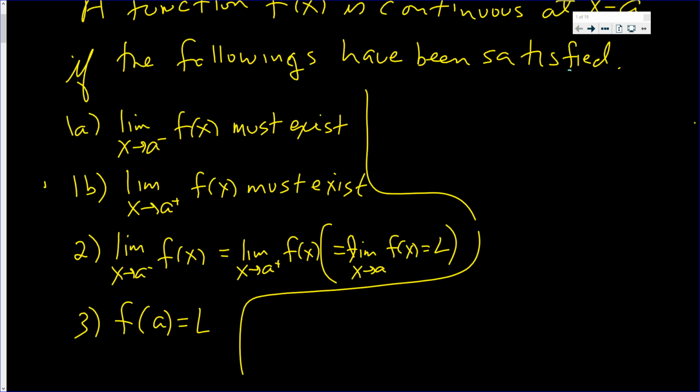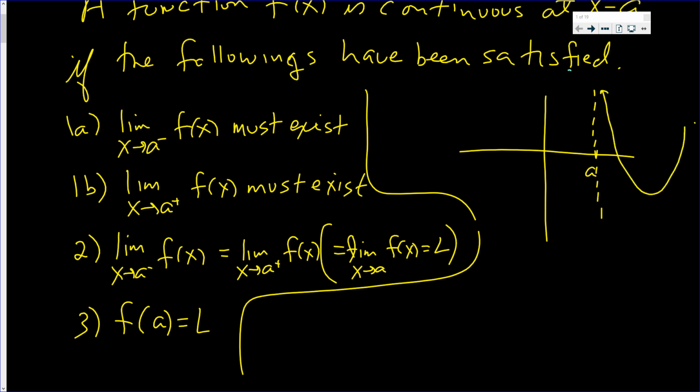Now, how can a graph fail 1b? Just look at the mirror image of what I just drew. You want 1b not to exist. So maybe at 1b, the function goes like this. A little bit more than a, the limit's going to infinity.